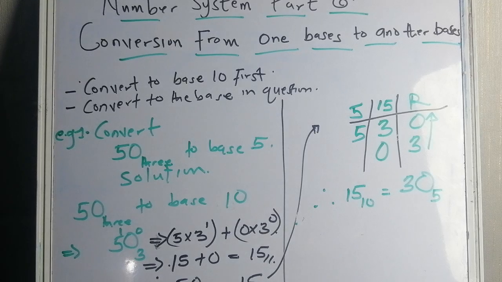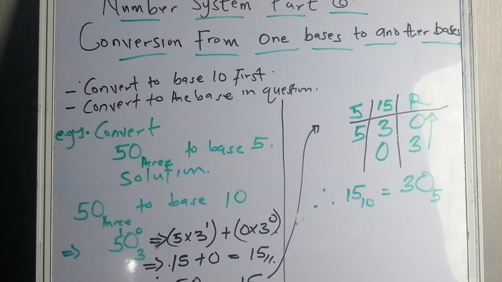Like I've told you that you can write it in form of words or you can write it in form of figure. It's still the same thing. All you just need to do is for you to understand the concept of what I'm trying to say. So 15 in base 10 is equal to 30 in base 5.